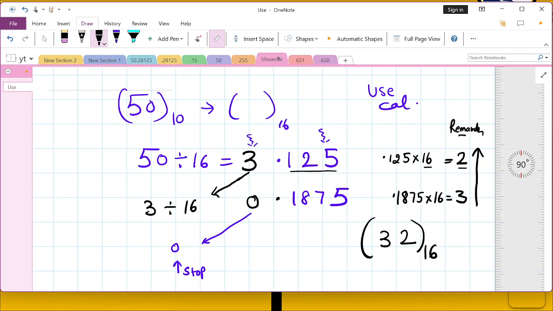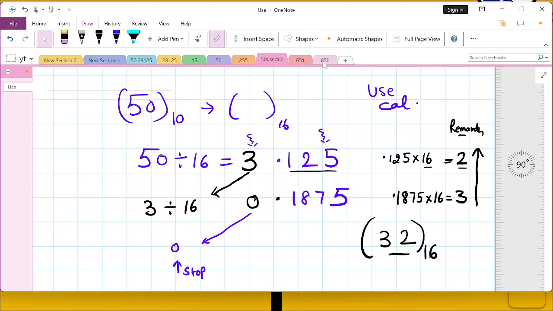You have to continuously divide that whole number quotient part with 16 till you get 0. And for the remainder portion, just multiply each of these fractional parts with 16, that is the divisor 16, or you can remember base 16, and you will get the remainders. And just convert those remainders into their hexa equivalent and you will get this answer. So I was using calculator in this case.